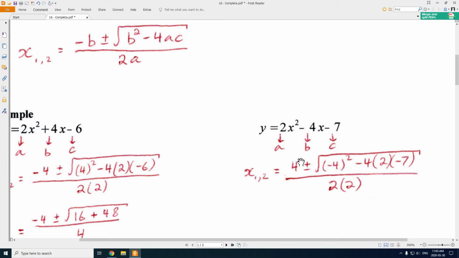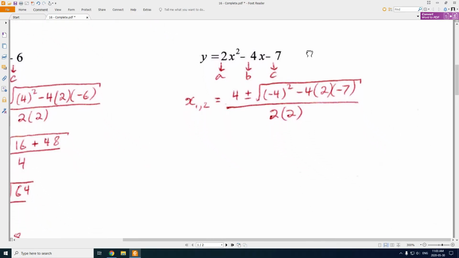You'll notice I put brackets just to keep track of it. -4, part of the equation. A is a 2 times C, which is a -7, divided by 2 times A, which is a 2. So just be really careful of signs and make sure that you're plugging everything into the right spot on this step.